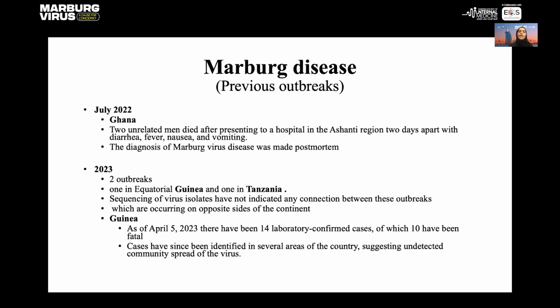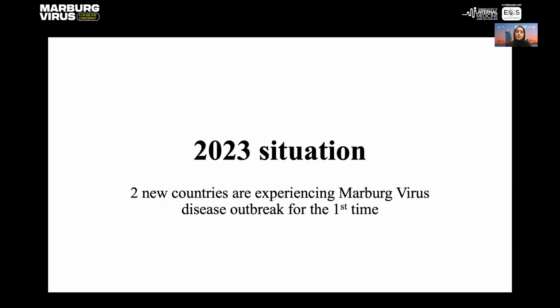And in July 2022, in Ghana, 2 unrelated men who visited the same funeral died due to Marburg virus. And now in 2023, we have 2 active outbreaks, in Equatorial Guinea and in Tanzania. I'll go into the details of these 2.